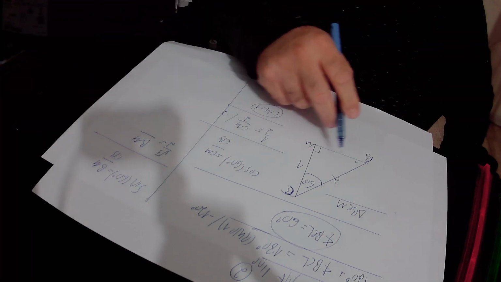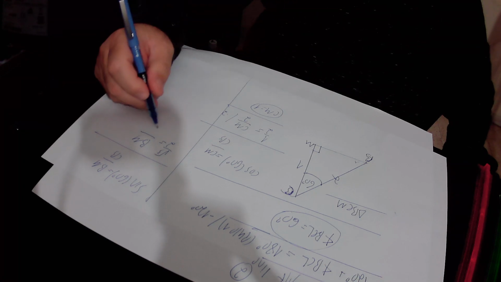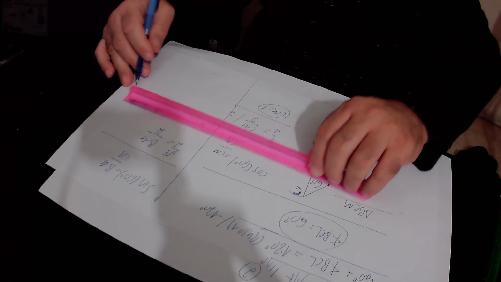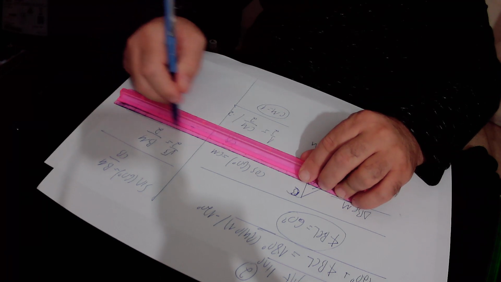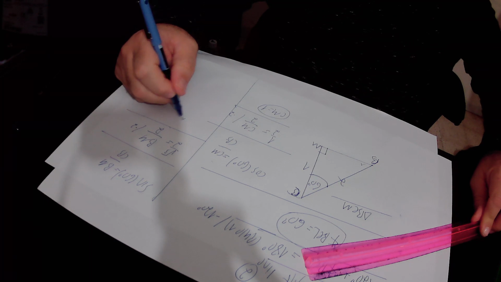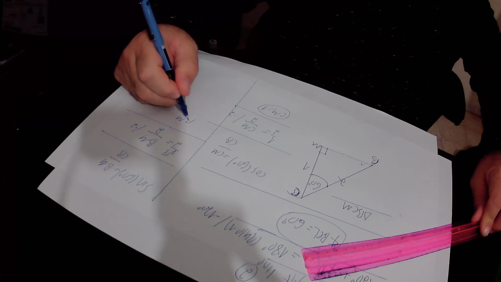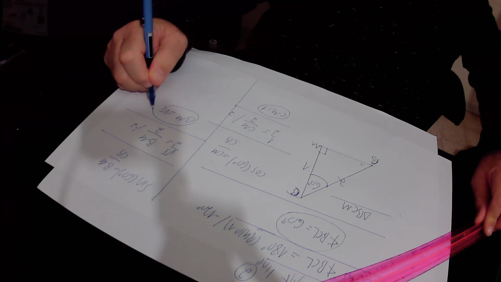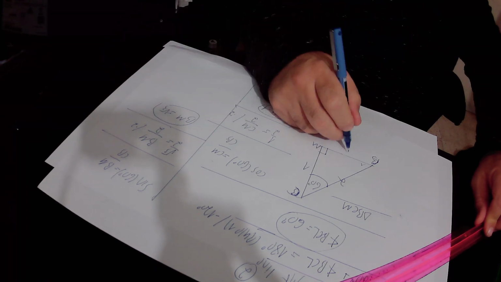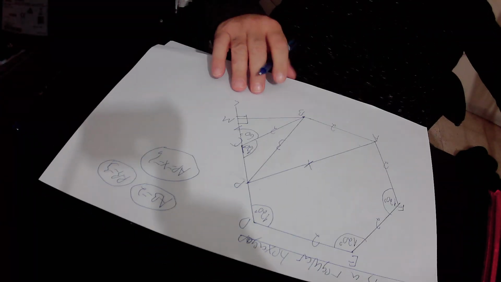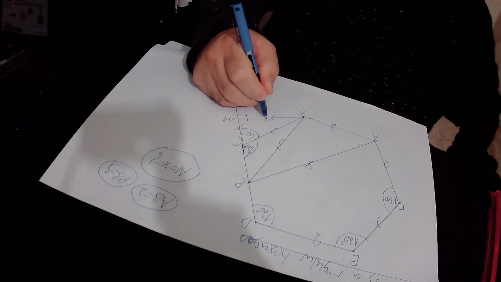The hypotenuse CB equals 2, so we substitute CB by 2. In conclusion, the square root of 3 over 2 equals BM over 2. Here we multiply this equation by 2, and we get that BM equals the square root of 3 units. You can write down in the original drawing that BM equals the square root of 3 units.